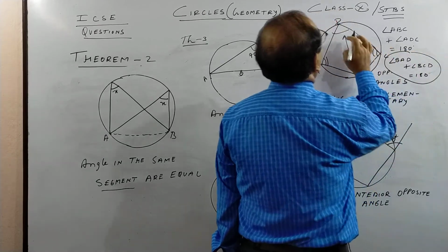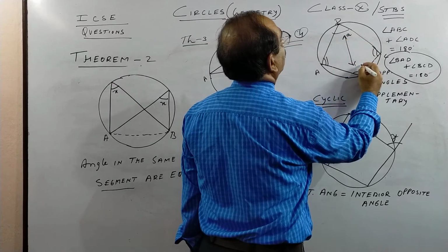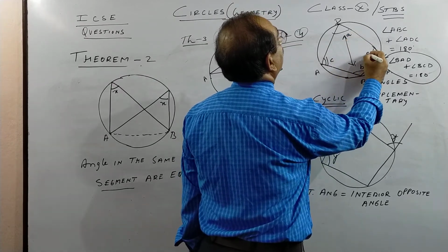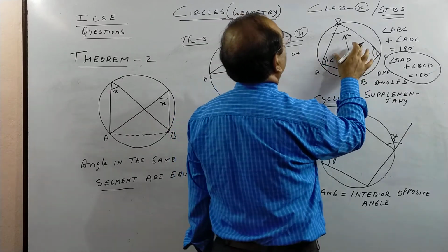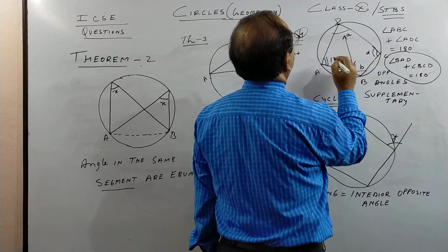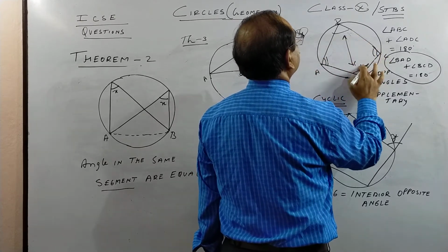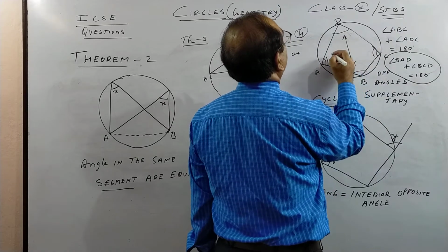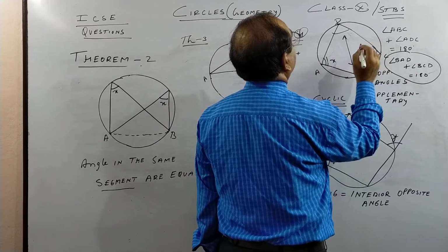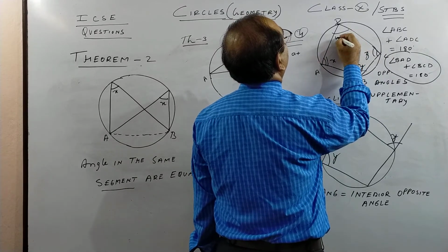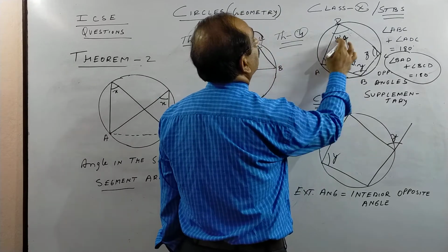Okay, these two angles, suppose I call them A and B, and this is C and D. Since AB we have used for the vertices, let us call them X, Y, Z, and W.